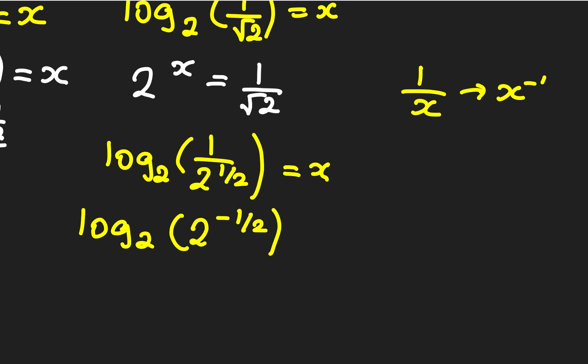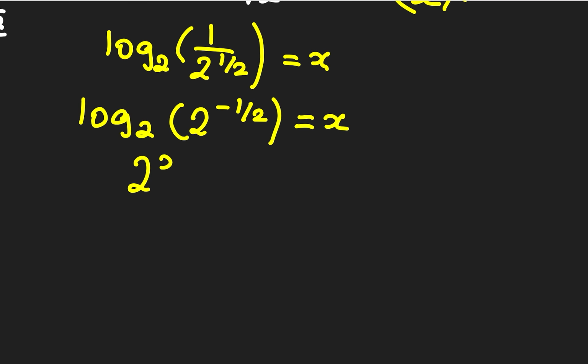That's the alternative format of writing this. Back to the question. Now we've got our fundamentals. We've got 2 power x is equal to 2 power negative 1 upon 2. That leaves us with x to be negative 1 upon 2.